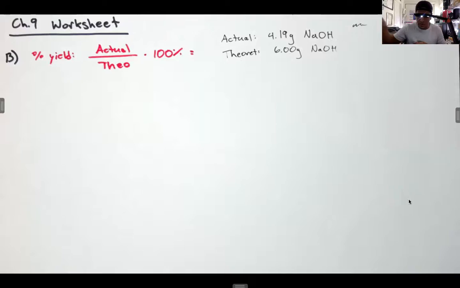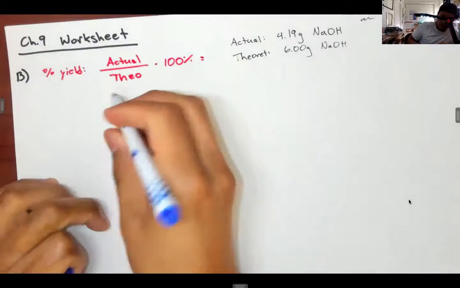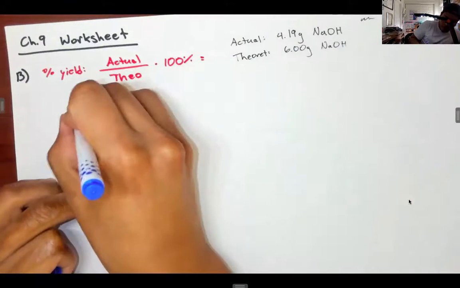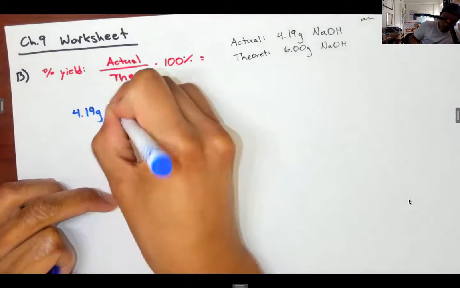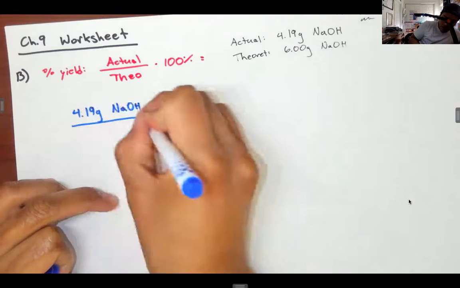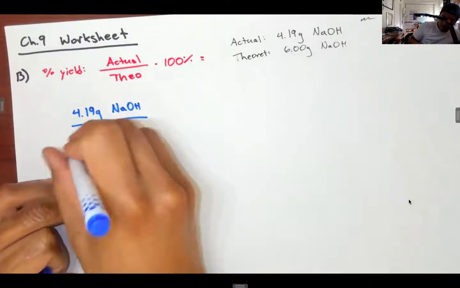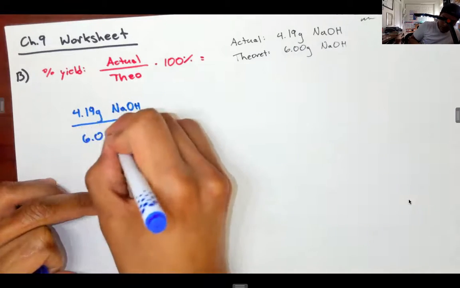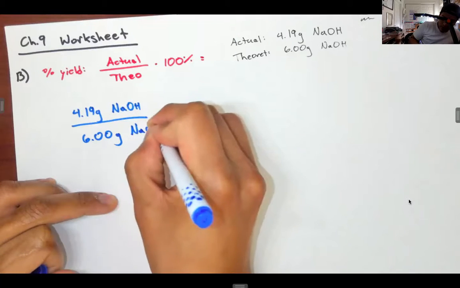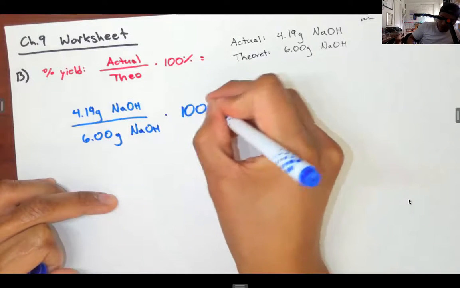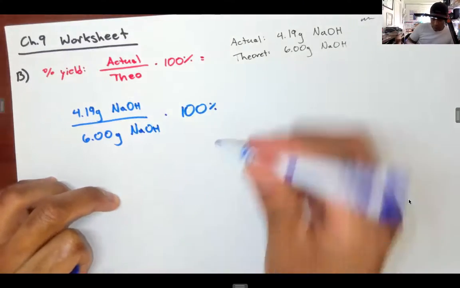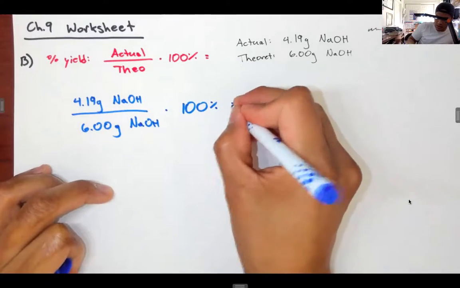Okay, it's actually a pretty simple problem. So percent yield is going to be the actual, which is 4.19 grams of NaOH, over the theoretical, which is 6.00 grams of NaOH, times 100%. Now, be careful with this 100%. I'll tell you about that in a second.